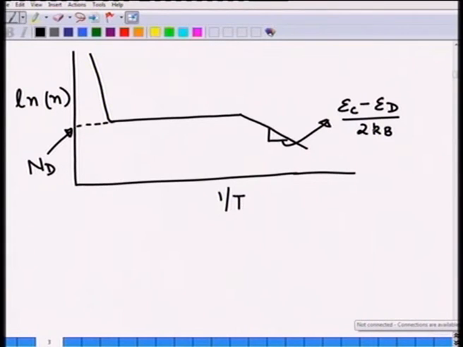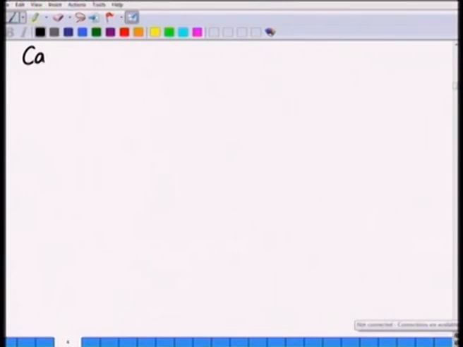This slope clearly shows that carriers begin to freeze out, the carrier concentration begins to decrease.